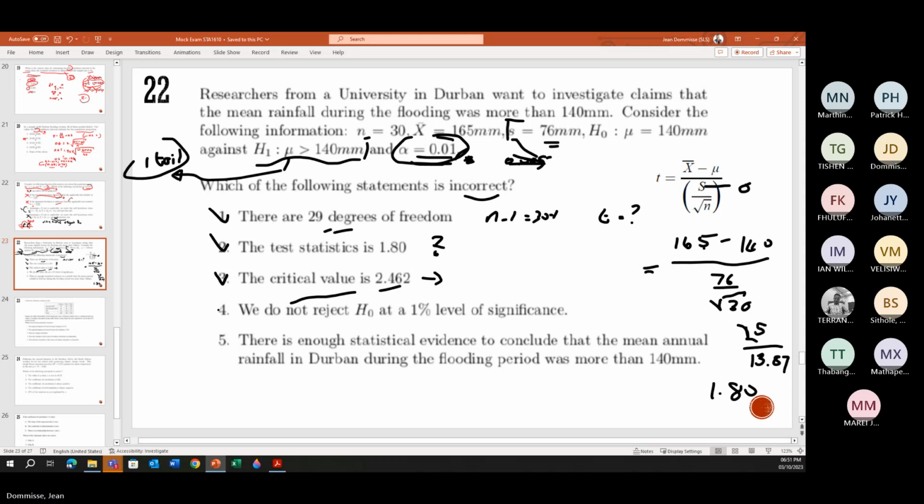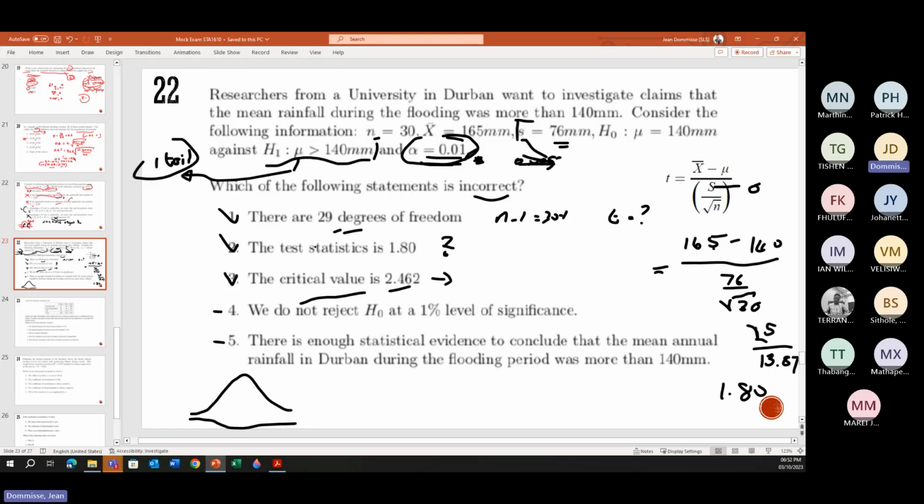Okay, so now we sit with two left. The one: we do not reject the null hypothesis at 1% level. And the other one: there is enough statistical evidence to conclude that the mean annual rainfall in Durban. So basically, let's draw that again. The T-stat is 1.8.